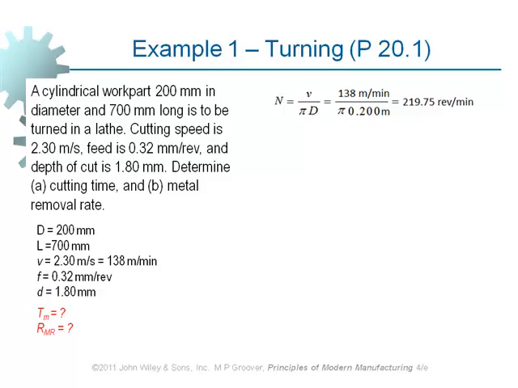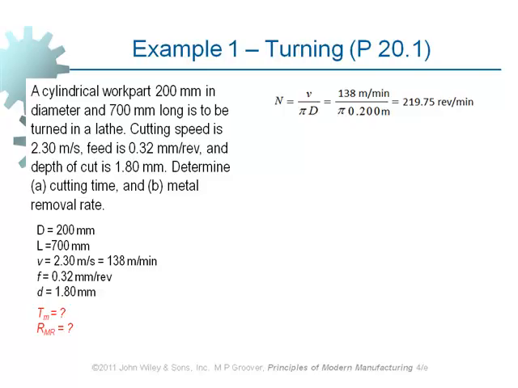Sometimes this is given in millimeters per minute. Then you need to convert it into meters. Okay? Anyway, D is also given, which is 200 millimeters. We did the conversion of unit because we've got meters on the top, so we've got to divide by meters again. What is left is spindle speed in revolutions per minute.